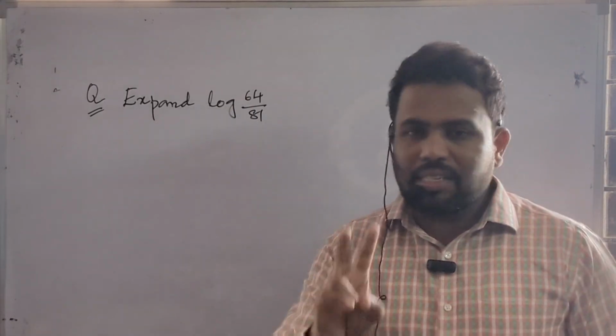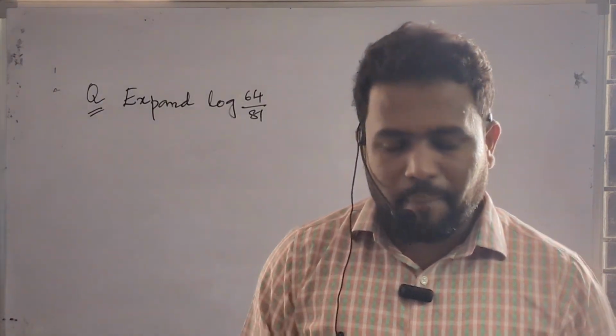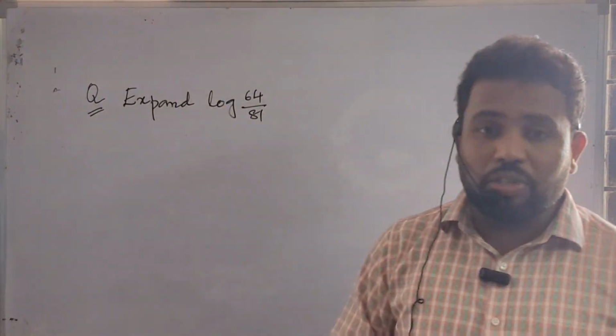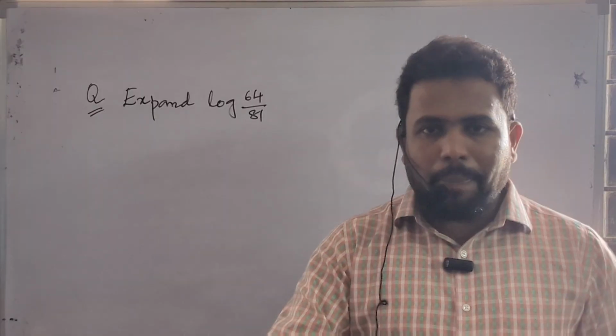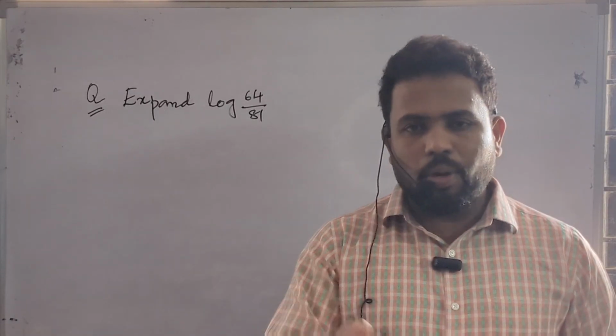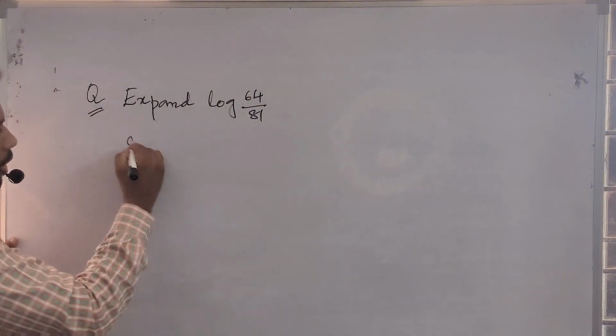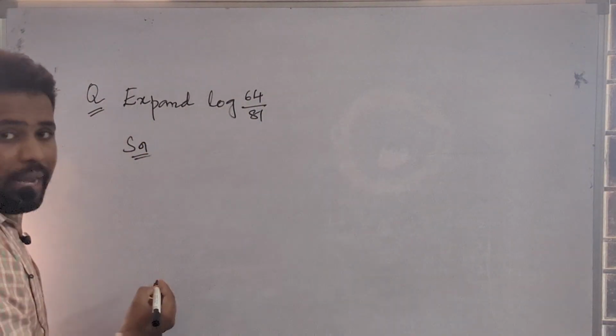So here we can apply the second rule, the quotient rule of division, log x by y. I repeat, whenever we get a question related to expand, either we can apply the product rule, the multiplication rule, or we can go with the quotient rule. So now we are going to apply the quotient rule.